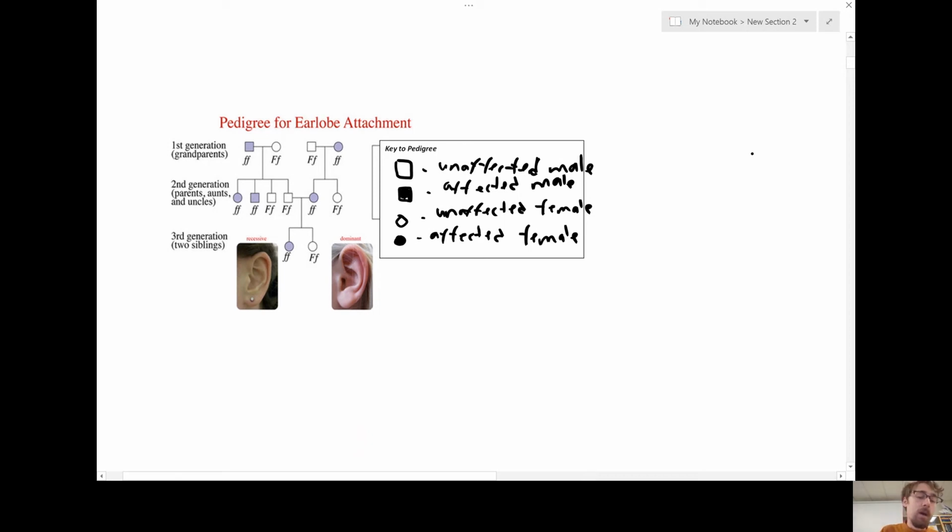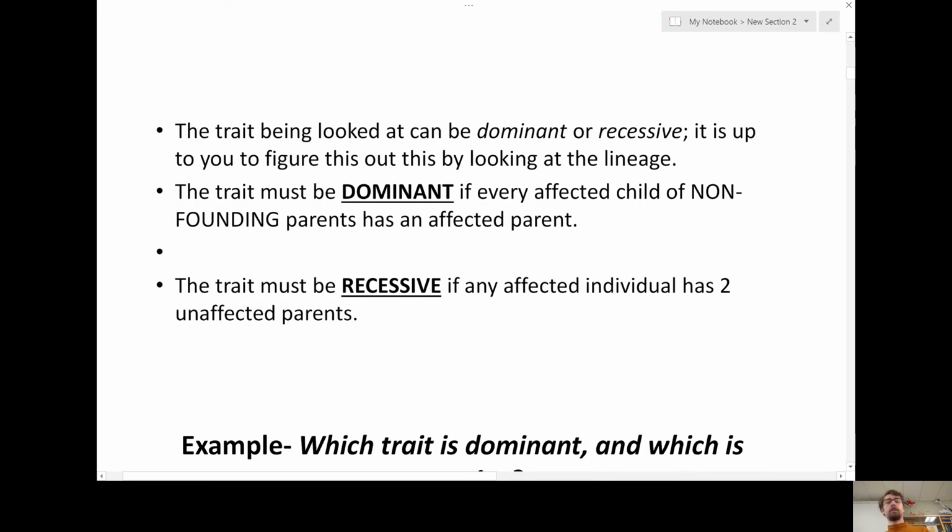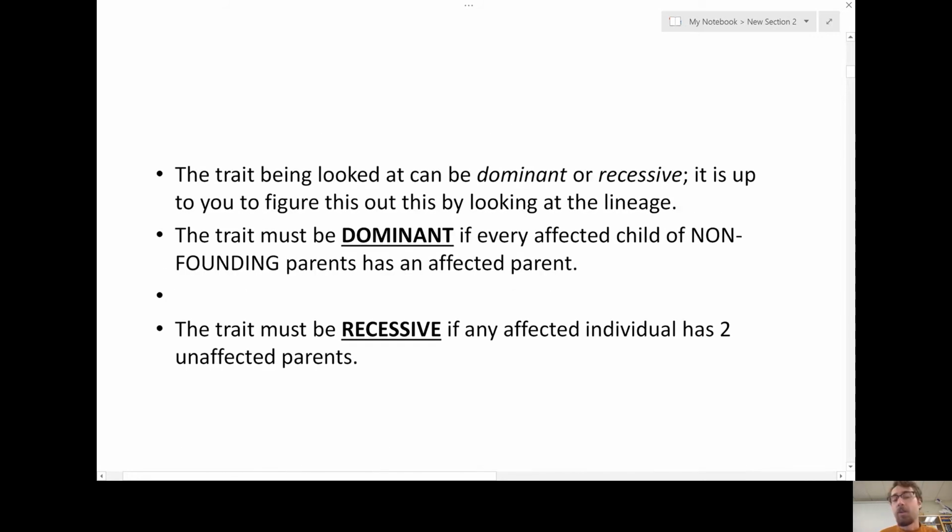You might not always be able to figure it out, so some might just be a question mark, depending on the traits and which trait you're tracing. The trait you're looking at can be dominant or recessive, but we're only looking at simple dominance with these pedigrees. You have to figure out whether the trait you're looking at is dominant or recessive.